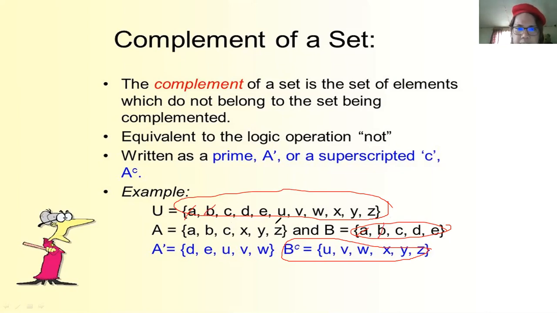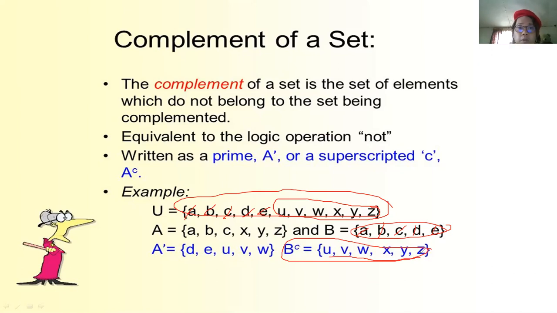B, yes, B. C, yeah, they have C. They have D, okay, mark D. E, yes, mark E. Therefore, what is left are the elements that we can have as the complement of set B. That's why our answer is U, V, W, X, Y, Z.